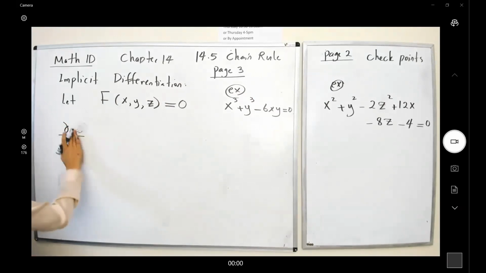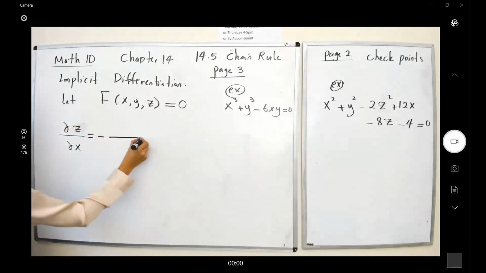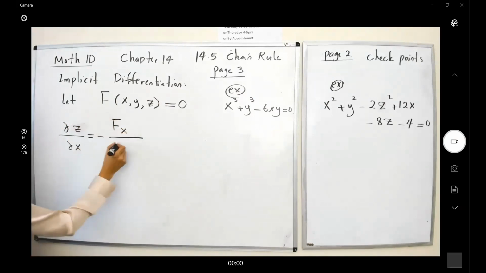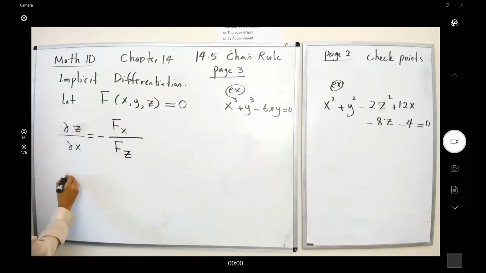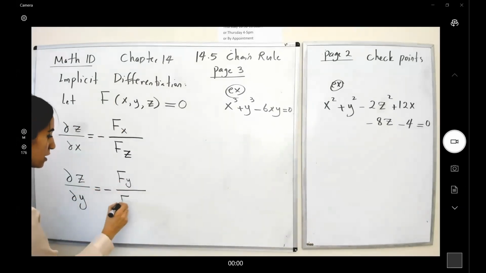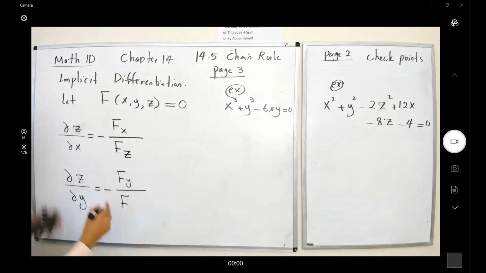Well, to take the derivative of the function with respect to x, it is equal to minus the derivative of f with respect to x divided by the derivative of function f with respect to z. To take the derivative of the function, one of the variables, I'm talking about z as a function of x and y, with respect to y, this is equal to minus the derivative of the expression with respect to y divided by the derivative of the expression with respect to z.